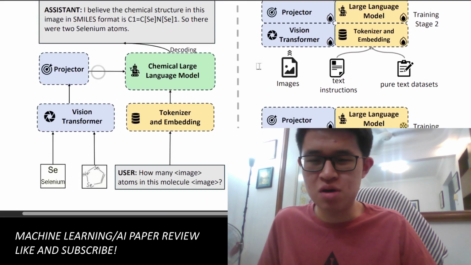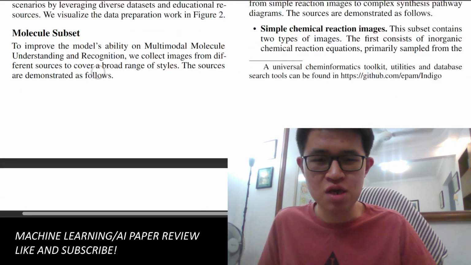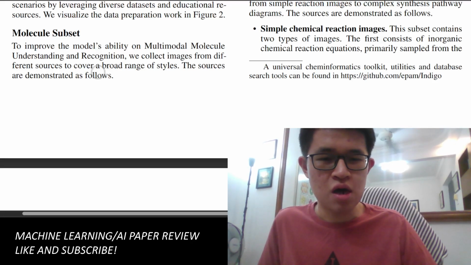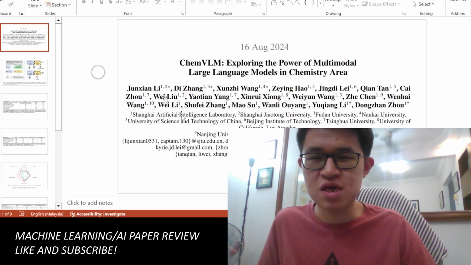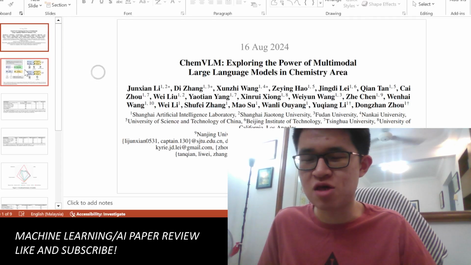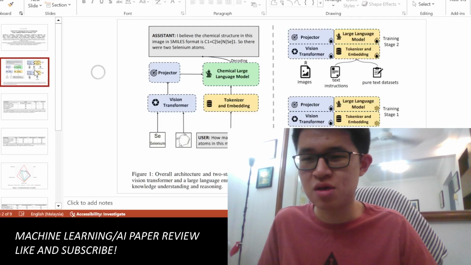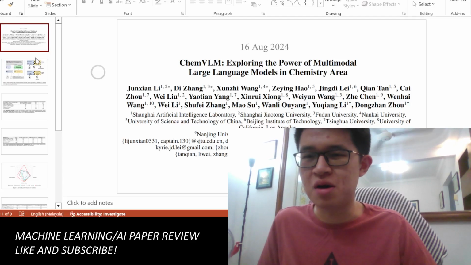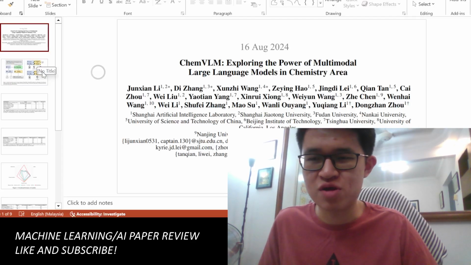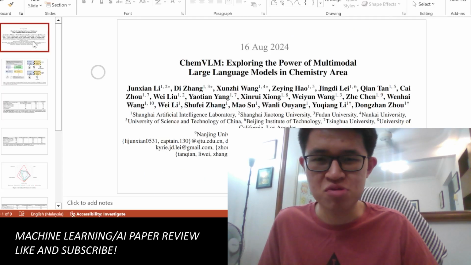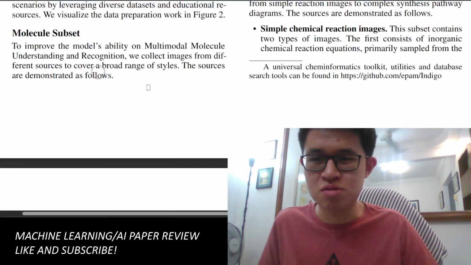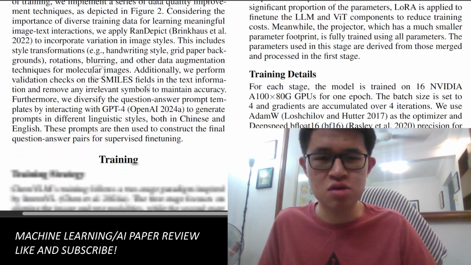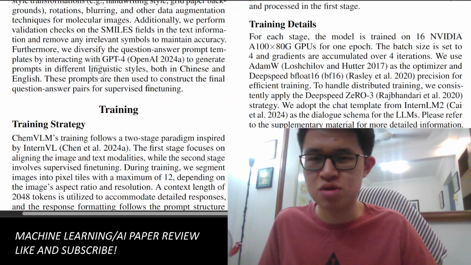So while I'm going to cover this paper, I will be creating a PowerPoint presentation that I'm going to use for the upcoming meeting presentation that I'm going to have next week. So yeah, let's go to the conclusion and see what they have there.